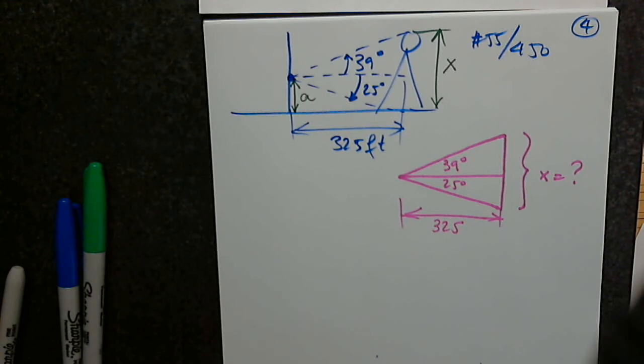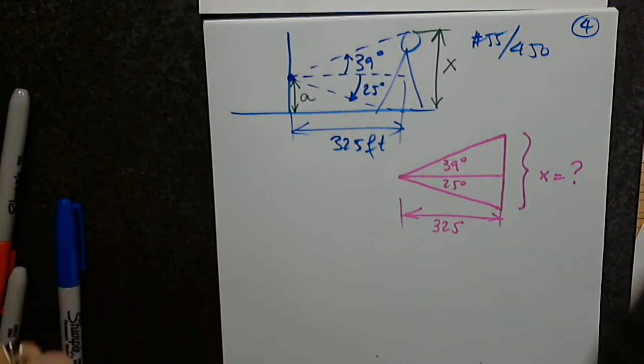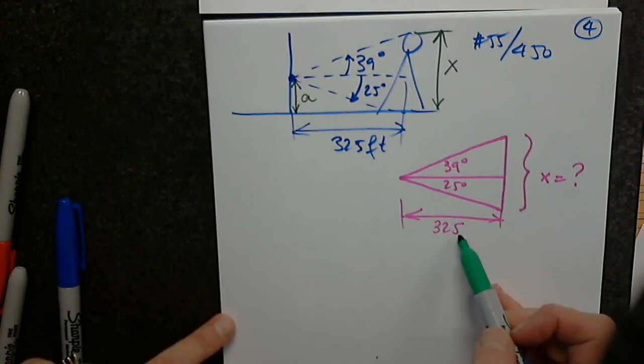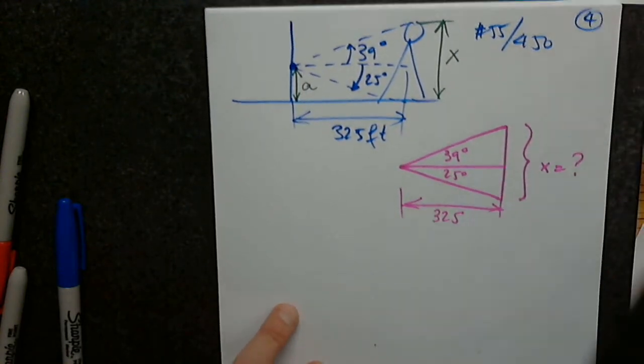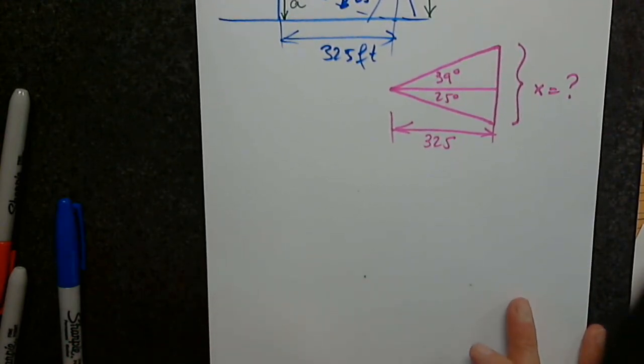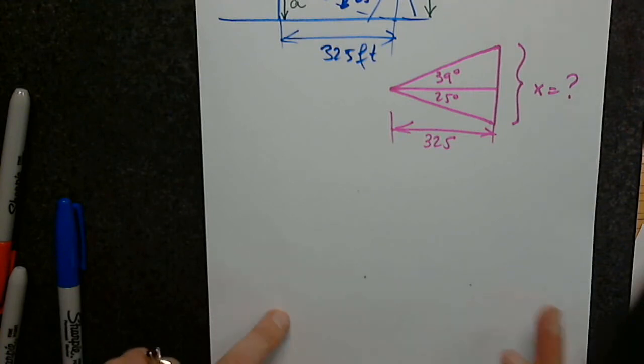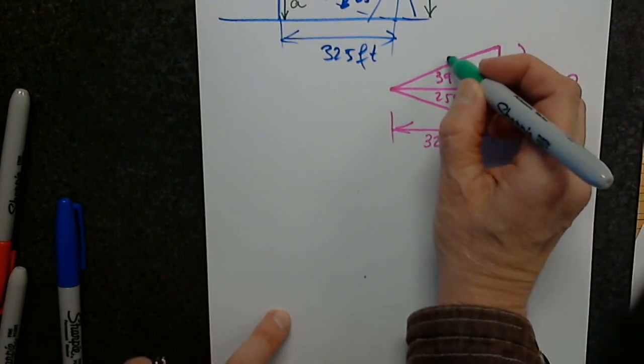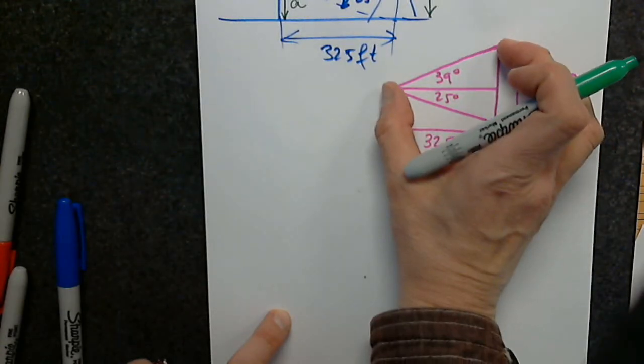Yes? Sine of 325. Sine of 39 plus the sine of 25 was X. As long as I know that this is 1. Right. But I don't know that this is 1. Right.